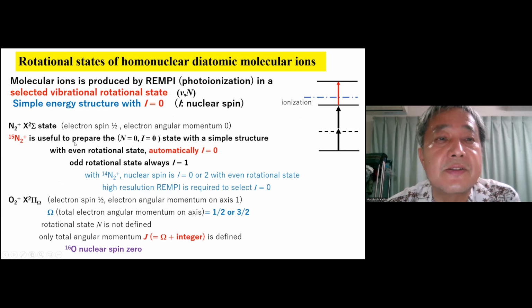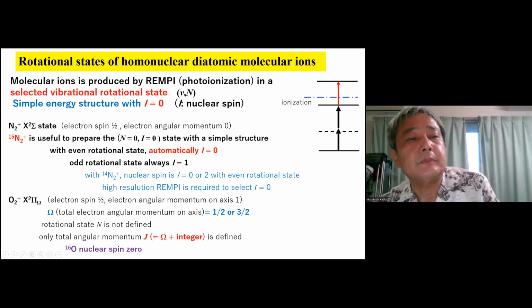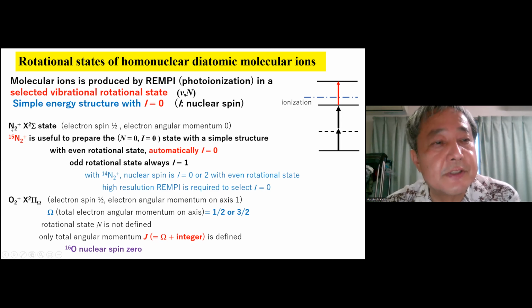So I want to discuss the rotational state of homonuclear diatomic molecular ions. The molecular ion is produced by photoionization in a selected vibrational-rotational state. And it is preferable to use a state where the total nuclear spin is 0. At first, I want to consider the nitrogen molecular ion. In this state, electron spin is 1/2 and electron angular momentum is 0.